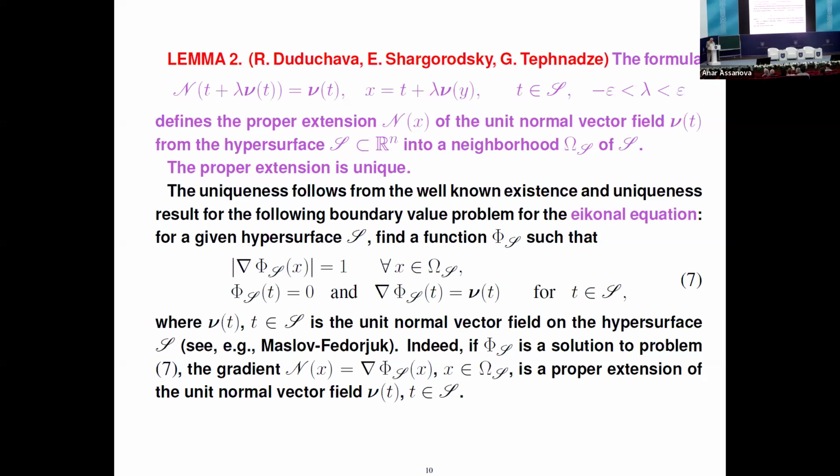We should find the function phi whose gradient has norm 1 on the domain, and the function is 0 on the surface, and its gradient coincides with the normal vector to the surface. So it's a direct solution to our problem. As they proved, such a problem has a unique solution. So it was quite trivial to adapt this to our purposes.